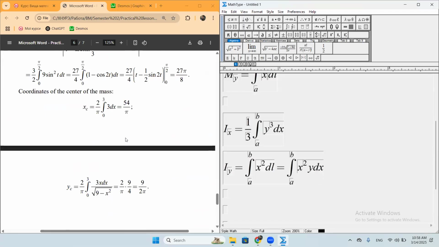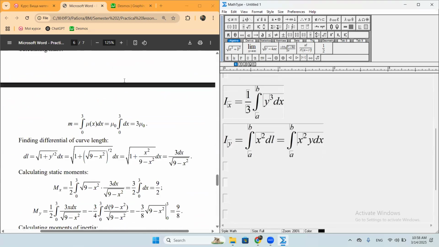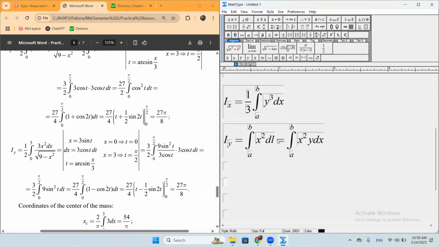Then coordinates of the center of the mass. So the following formulas. For this curve, x center is calculated by this formula.